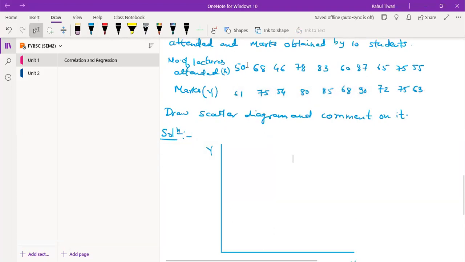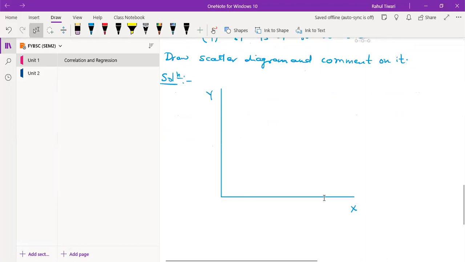I think it is 50, and the maximum is around 87. Similarly for y, the minimum is 54 and the maximum is 90. So based on the scale, we have to do the marking.